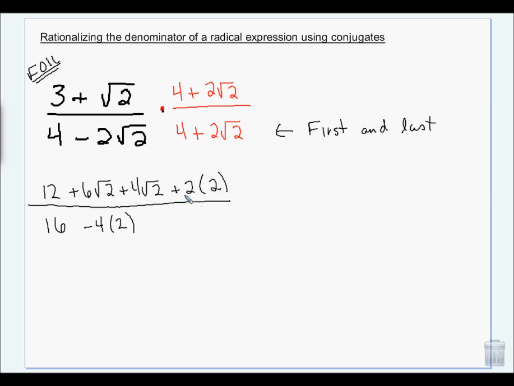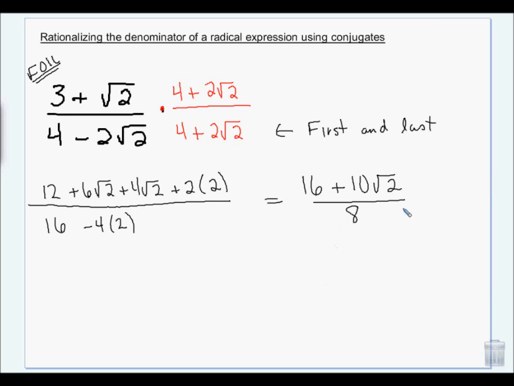12 plus 4 is 16. And then 6 root 2 plus 4 root 2 is 10 root 2. And 16 minus 8 is 8.